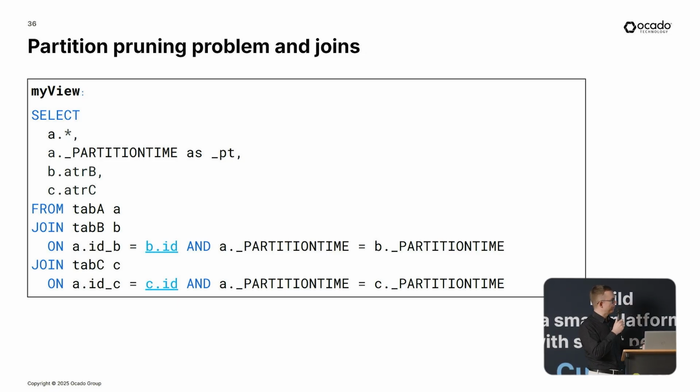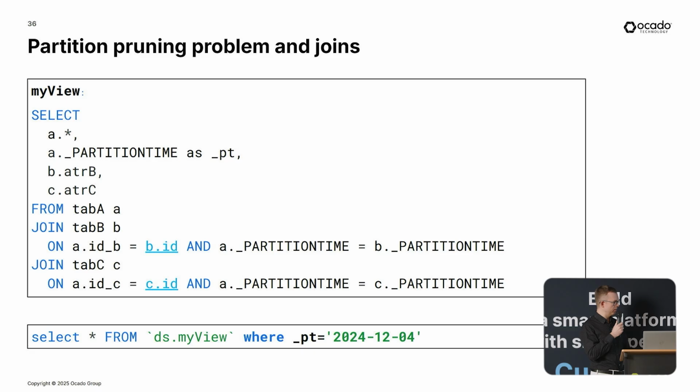You will expose the partition time column from the first table, in this case table A, and the user can query it the same way. They are interested in data from a particular day.